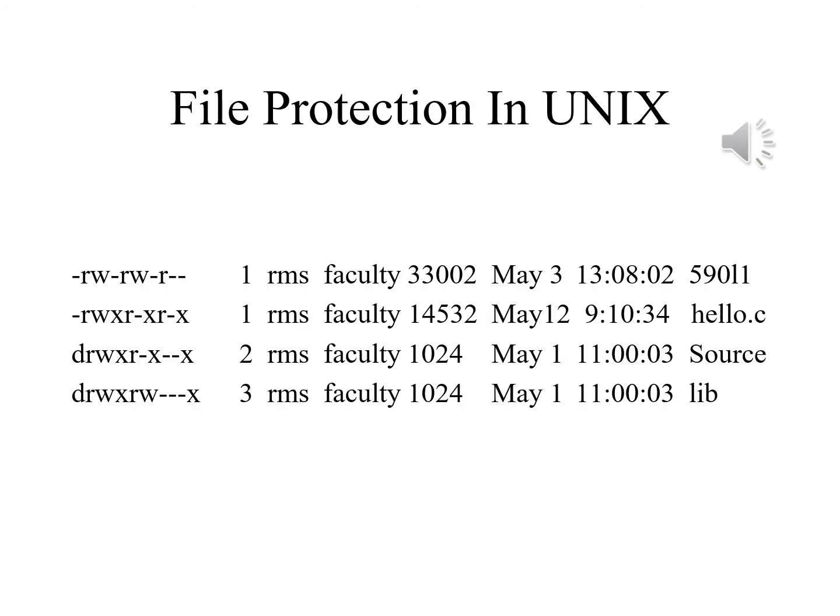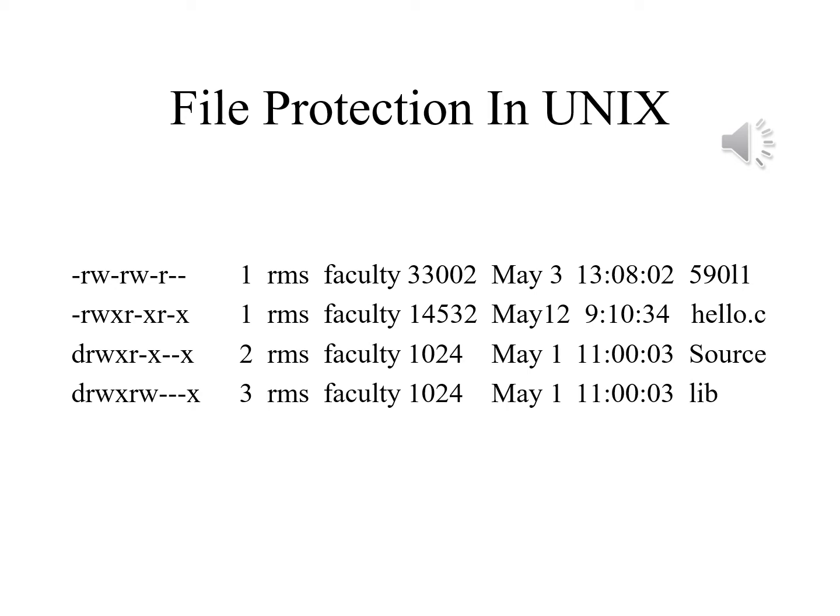A look at a so-called long listing of a UNIX directory gives you a good idea as to how UNIX implements protection. At the far left of each line, you'll see the protection scheme for the file. The dash at the beginning indicates that it is a regular file. The D at the left indicates that it is a directory.